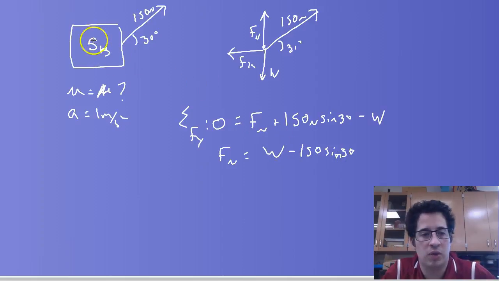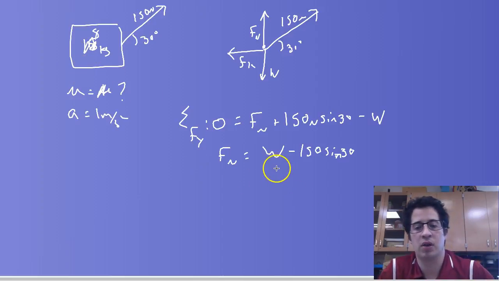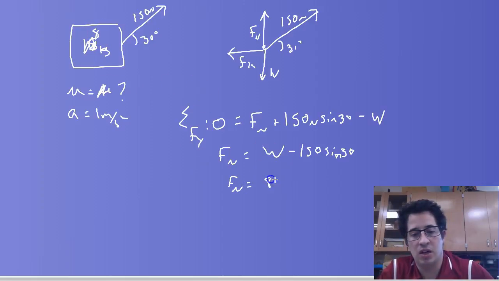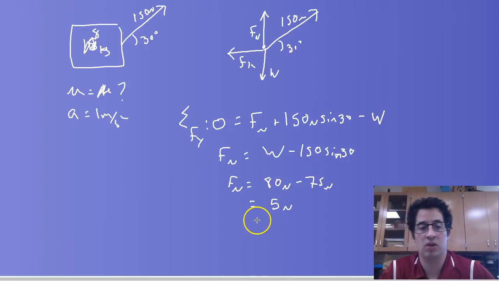Let's change the mass. We're going to say the mass is 15 kilograms. I'm making a mess of this problem. Let's say it is 8 kilograms. Which means that the normal force would be 8 times 10, 80 newtons, minus, sine of 30 is 1/2, 1/2 times 150, 75 newtons. That means we have a normal force of 5 newtons.